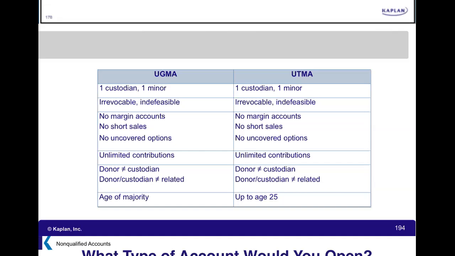Here you can see there's one custodian and one minor that's required on each account. Keep in mind that these assets are the minor's assets. So we only require the minor's social security number. You got it? Only the minor's social security number.